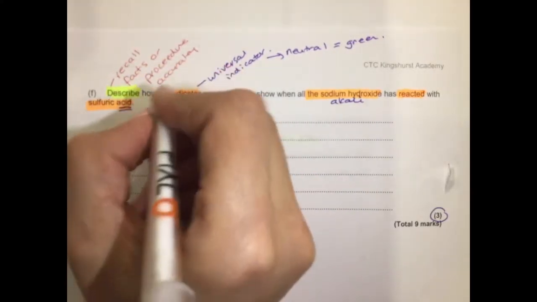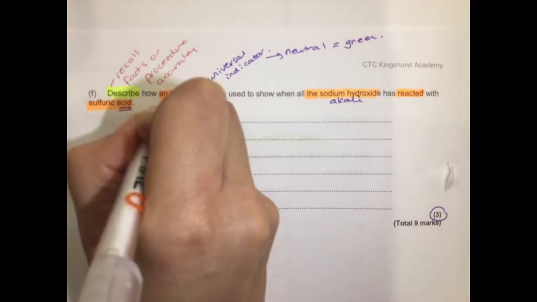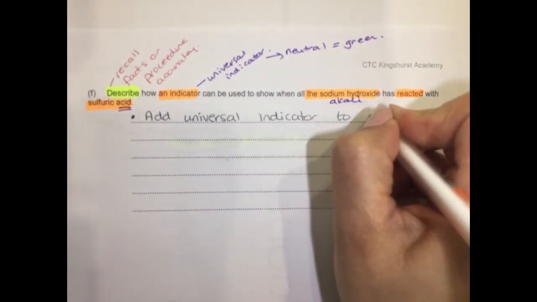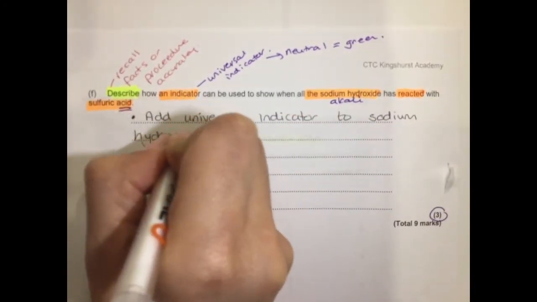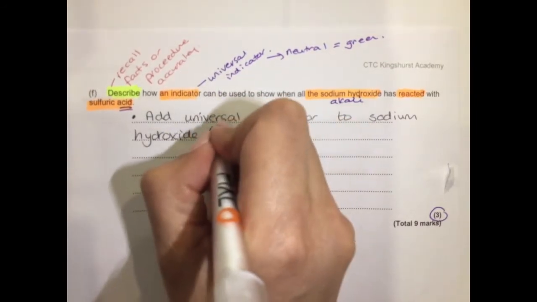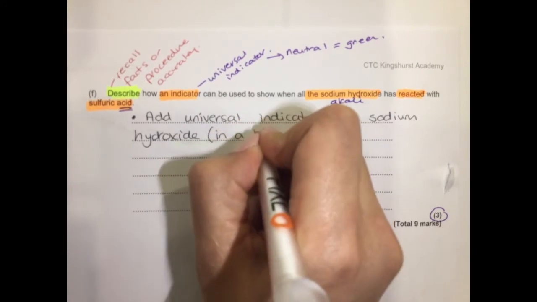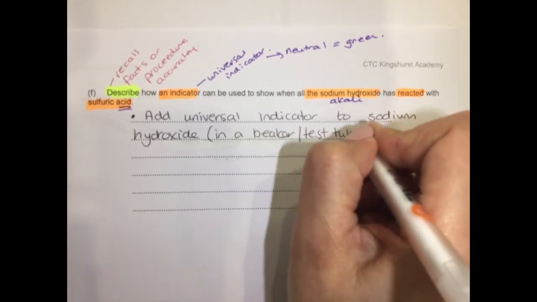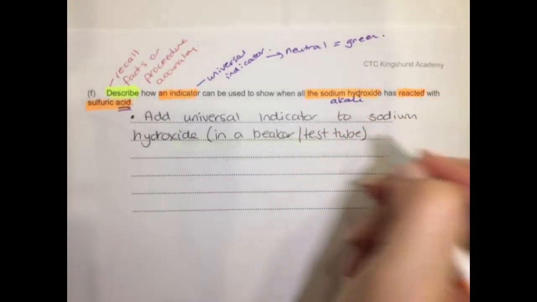Okay. Right, so the first thing I would say is add universal indicator to sodium hydroxide, and you can say in a beaker or test tube, but you don't need to say that.